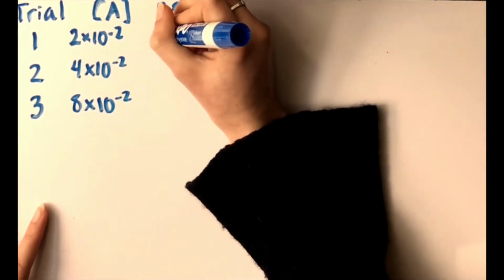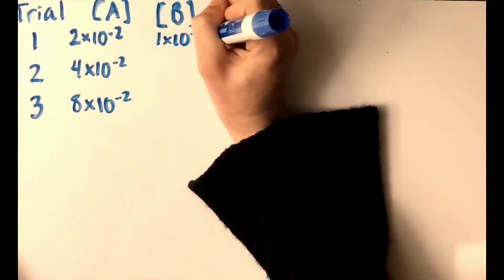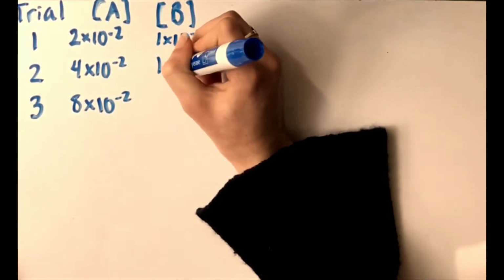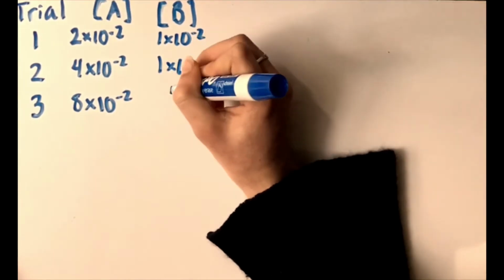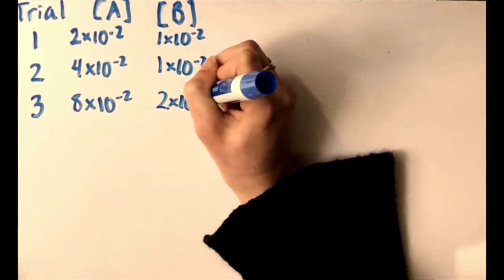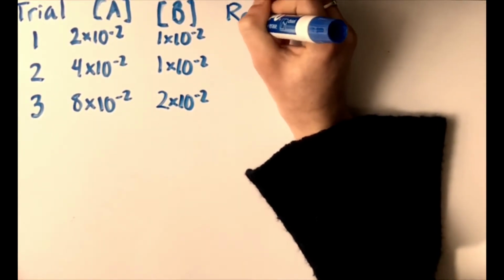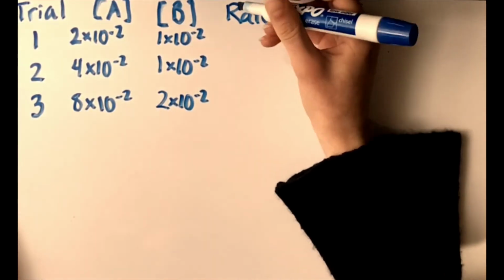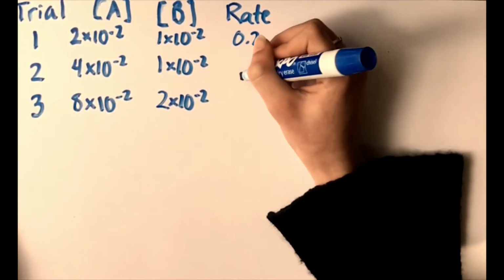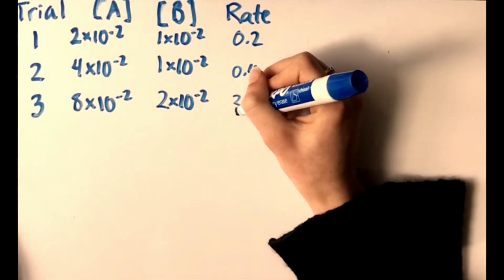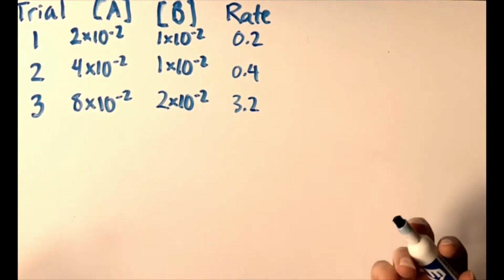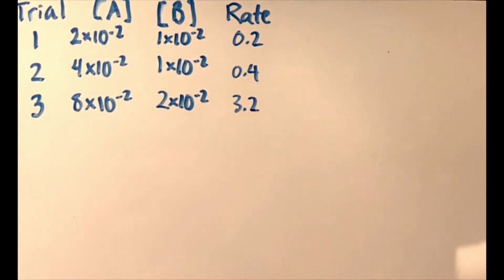Reactant B has a concentration of 1 times 10 to the negative 2, which remains the same for the second trial, and increases to 2 times 10 to the negative 2 for the third trial. The rate of the reaction is given to us for each of these trials and goes from 0.2 to 0.4 to 3.2.